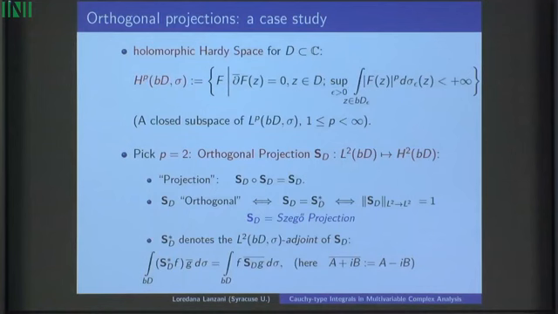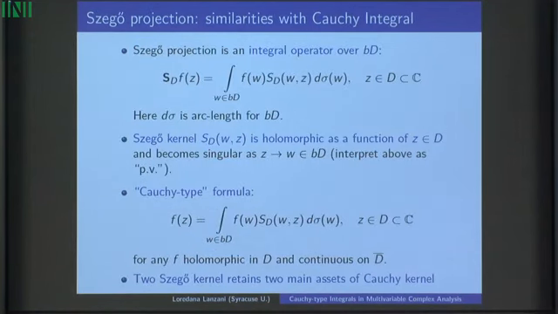Okay, so now, what are the similarities with the Cauchy integral? The Szegő projection, just like the Cauchy integral, is an integral operator: integration against the kernel, the Szegő kernel. Just like the Cauchy kernel, the Szegő kernel is holomorphic in the output variable z. And you have a Cauchy-type formula.